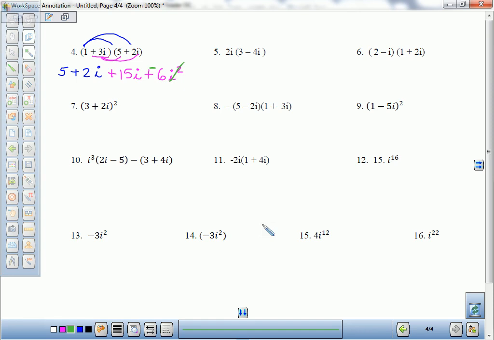Okay, so now all we have left is addition. So we add the real parts together: 5 and negative 6 is negative 1. And then we add the imaginary parts together. 2 and 15 makes 17i.